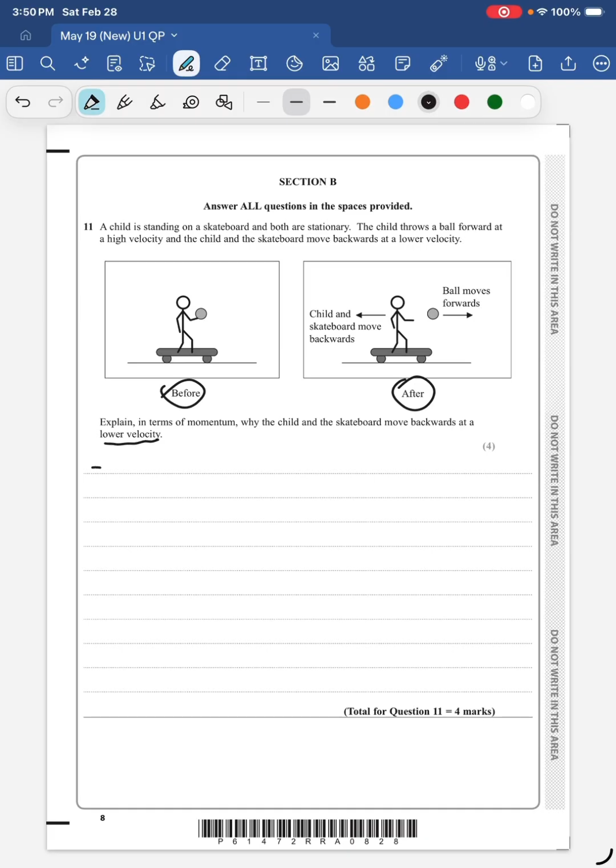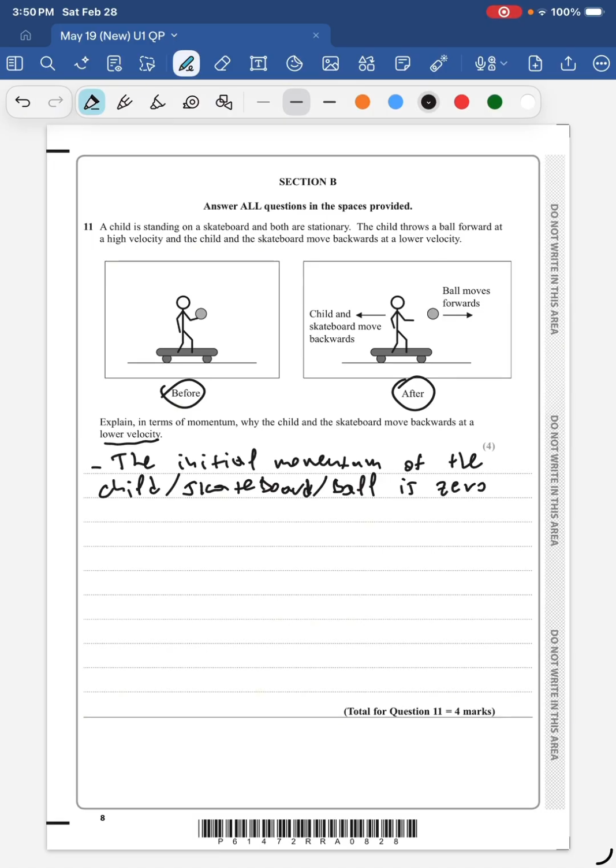So the first thing we have to write: the initial momentum of the child, skateboard, and ball is 0.